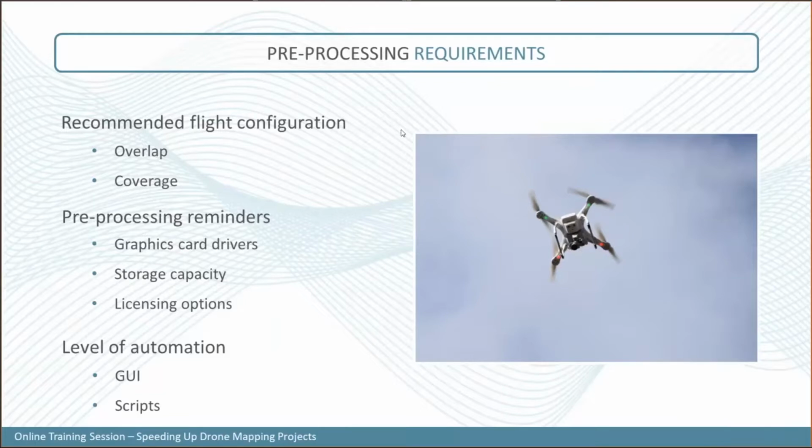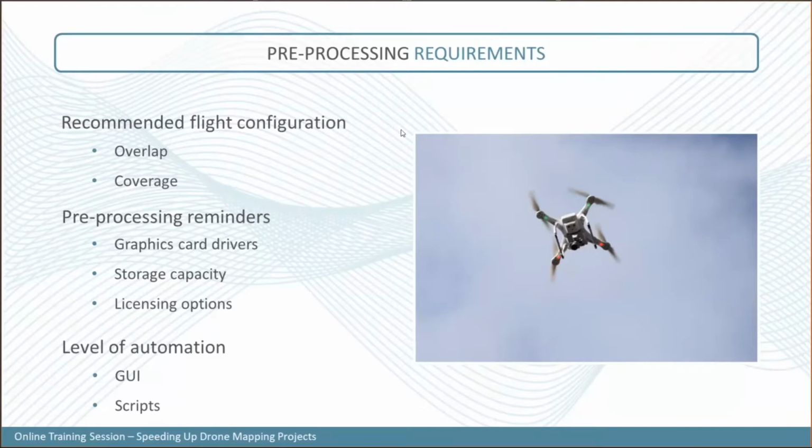your drone project. Typically, for a drone project, in terms of overlap, we suggest having around 60 to 70% sidelap and 70 to 80% frontlap. So this is probably the optimal configuration that we recommend for our drone projects. Sure, depending on the type of feature that you're trying to map, those parameters might change a bit.